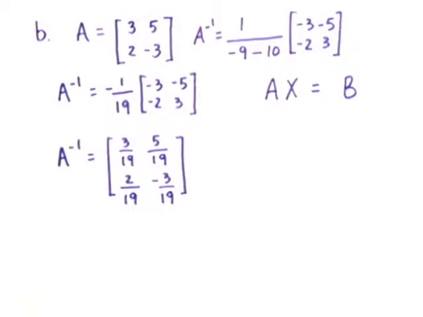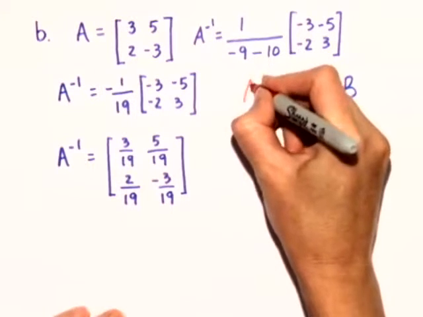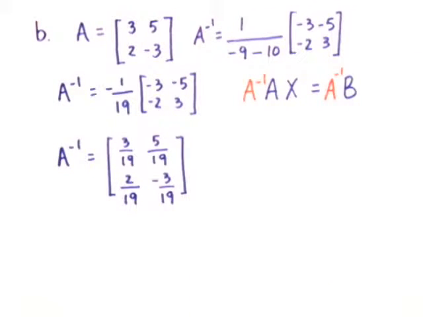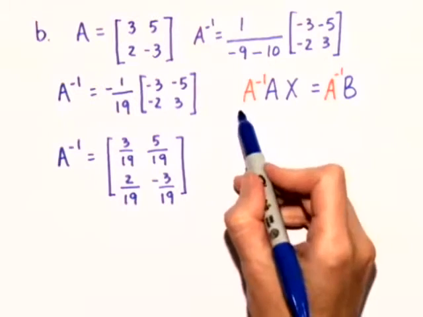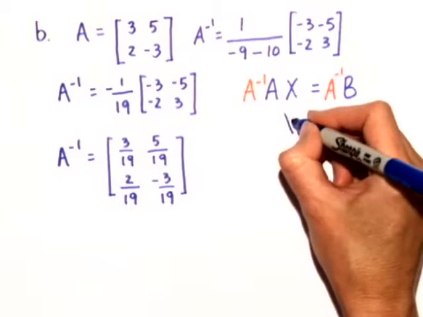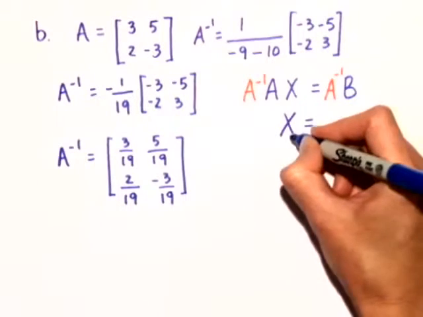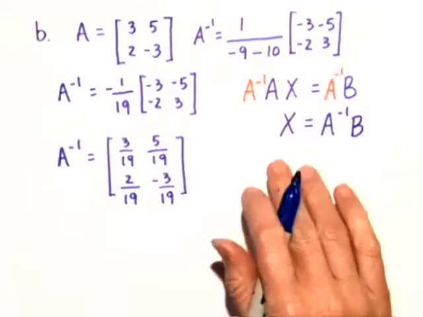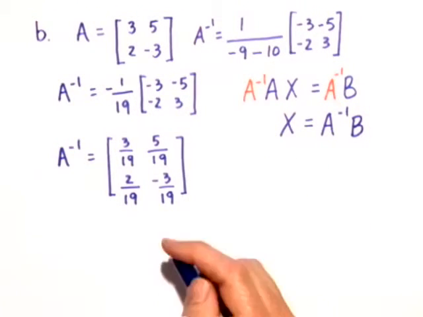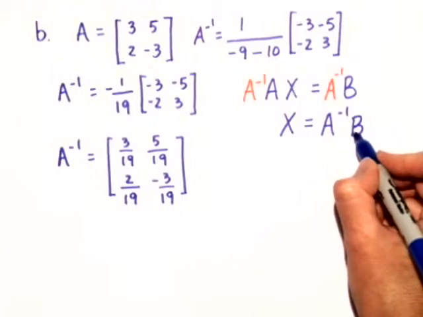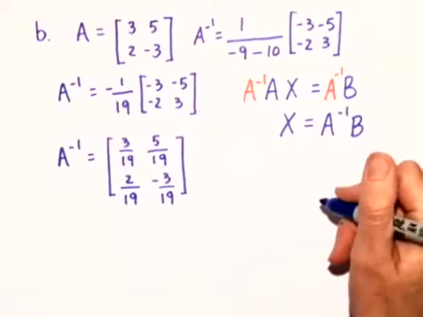Remember, if you multiply each side on the left by A inverse, A inverse times A is just the identity matrix. So we have a matrix X, which is our solutions, and that's equal to A inverse times B. So in other words, this tells us to use this inverse matrix that we just got, multiply it by that original matrix B, which was the constants on the right-hand side, and we'll get our solutions.